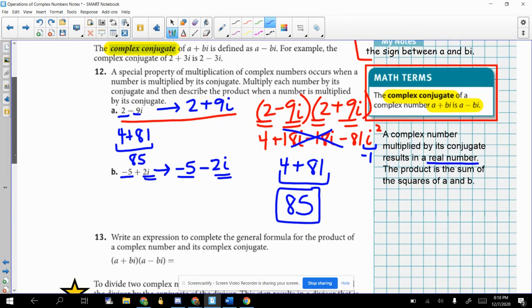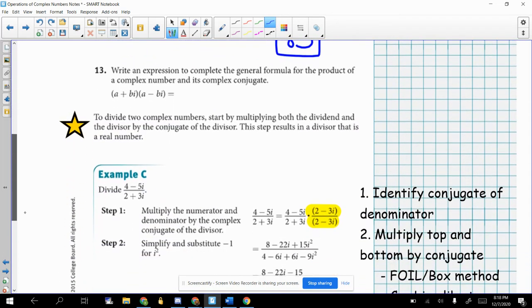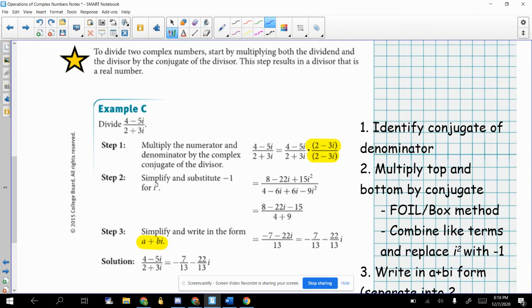Let's go ahead and use that now, moving forward. It says to divide two complex numbers, start by multiplying both the dividend and the divisor by the conjugate of the divisor. Basically what that means is you need to take the denominator and find the complex conjugate, and multiply the top and bottom by that.